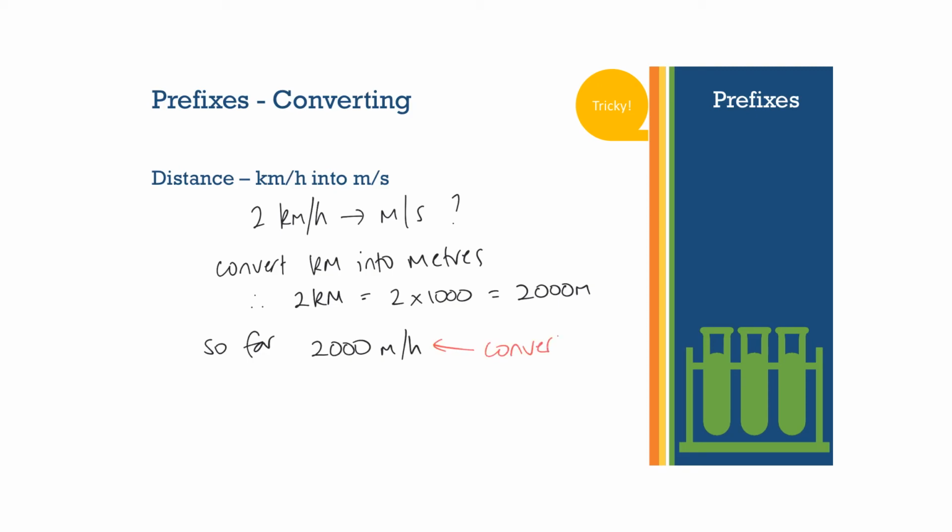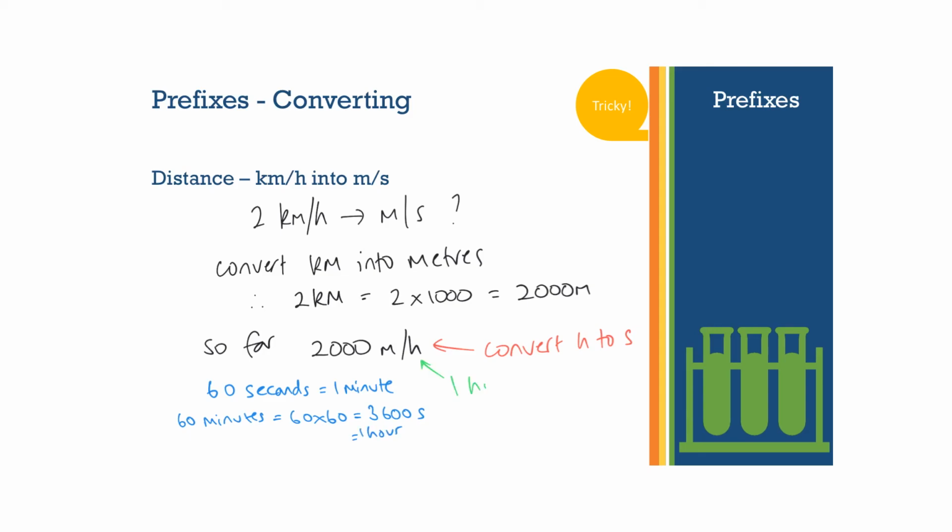So now we need to convert hours into seconds. So we know that there's 60 seconds in 1 minute, and we also know that there are 60 minutes in 1 hour. So 60 minutes must therefore be 60 seconds times 60 minutes, which gives us 3,600 seconds every hour.